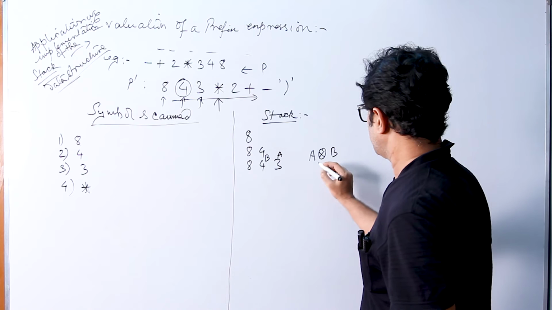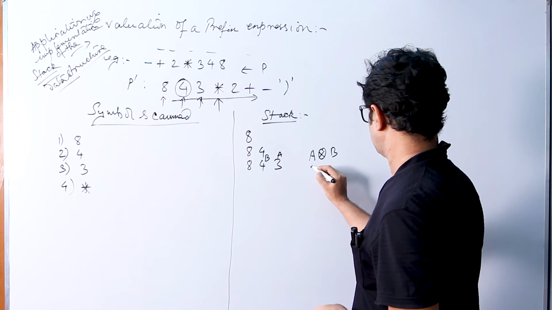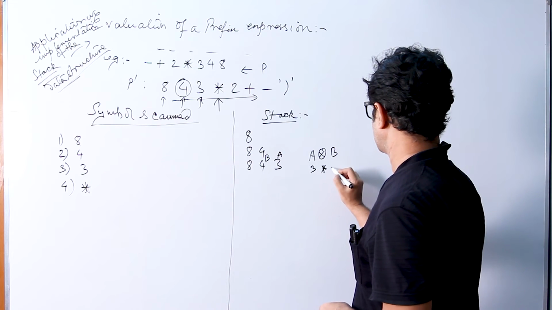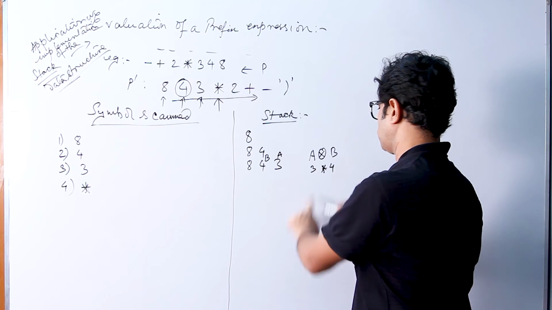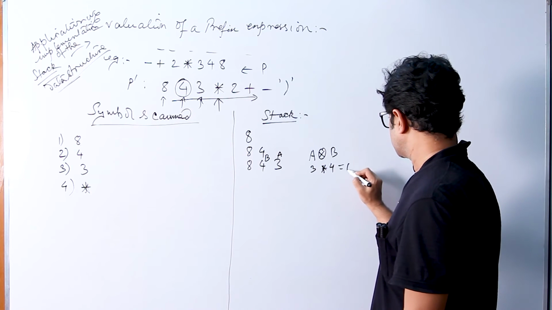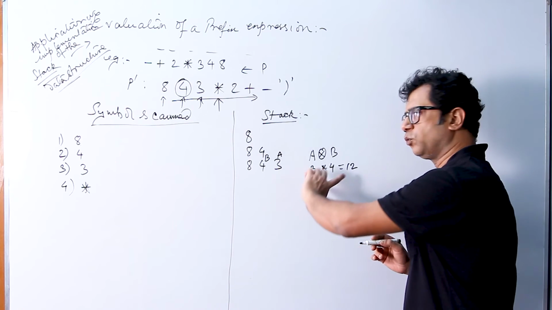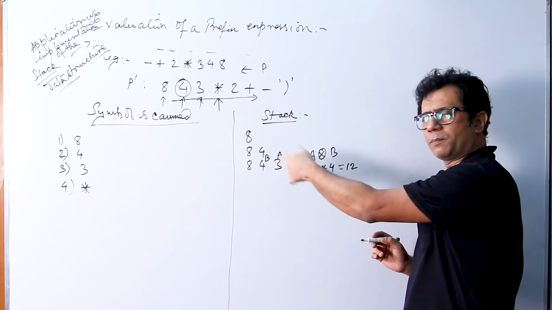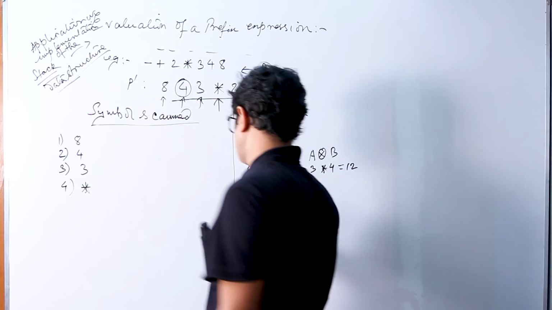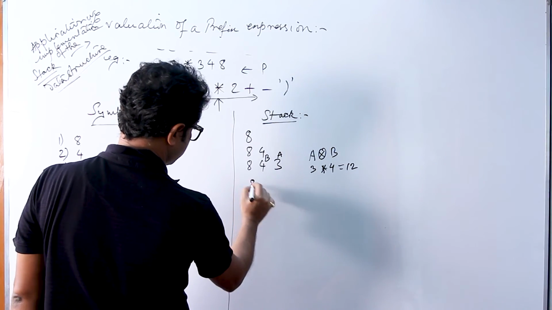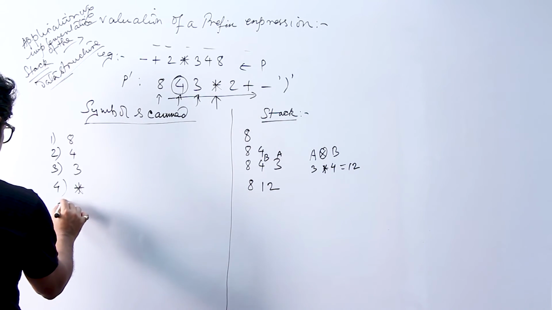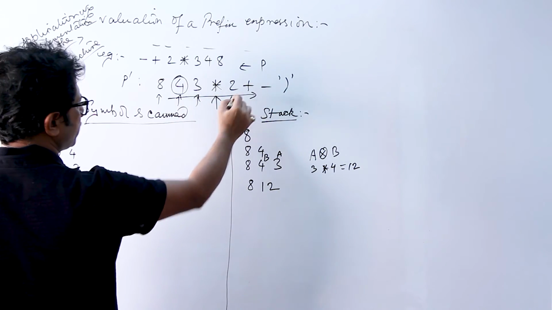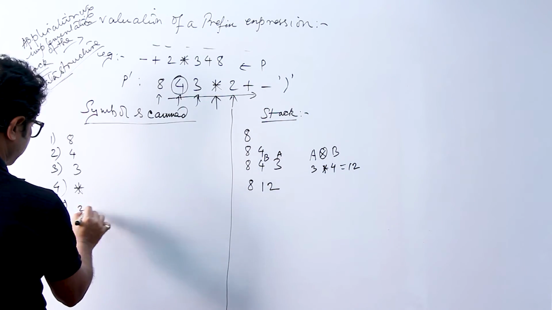We will perform the multiplication operation in this way, 3 star 4, and whatever is the result, we will push that result back to the stack, which is 12. Now step 5, we encounter an operand once again, that is 2.